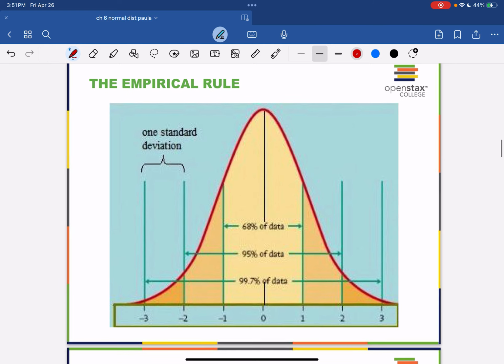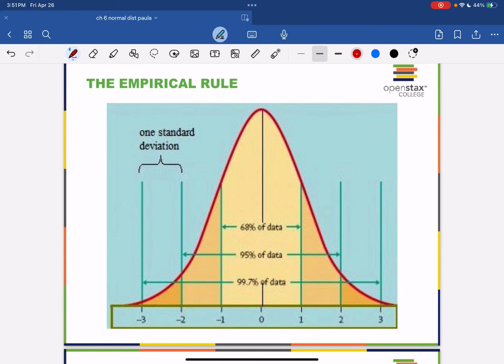The empirical rule is based off of the function that defines the normal distribution. And using calculus, they find the area under the curve, and exactly 68% of the data is in this region.